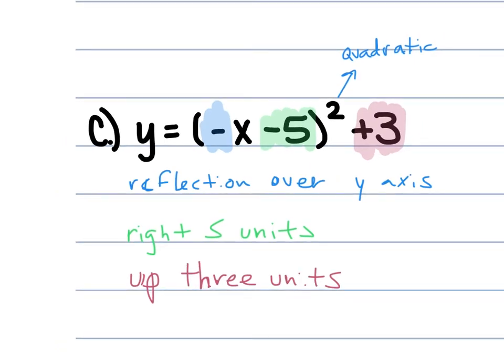Yeah. For the y-axis, if there's another negative, would it change anything? Right, so if we had a negative on the outside here, a negative on the outside means that it's a reflection over the x-axis, so we would just have 2 reflections. So first it would reflect over the x-axis, then it would reflect again over the y-axis.